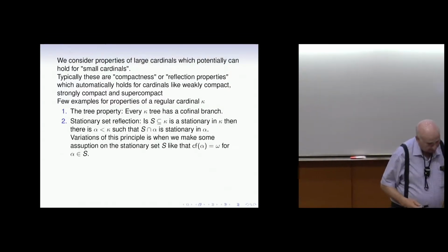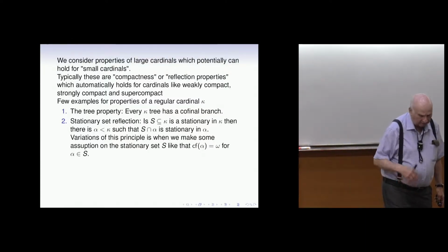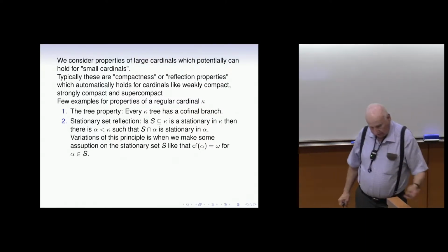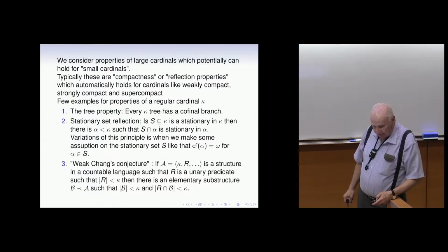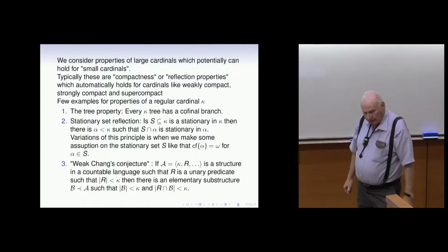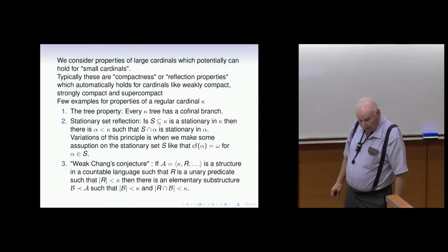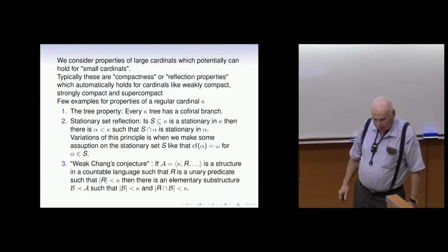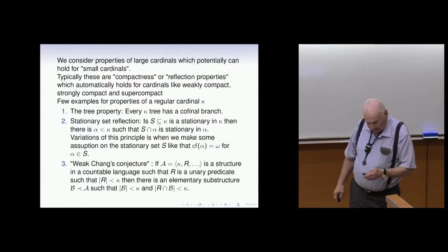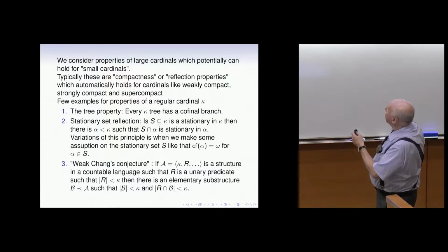ordinal or cardinal. A variation of this principle is when we make some assumption about a stationary set, like the cofinality of its points, and maybe other assumptions. A typical case is when we consider a stationary set where the points have fixed cofinality like omega. Now, what we might call the weak Chang conjecture: you have a structure, let's say, with universe kappa, in a countable language, and you've got a distinguished unary predicate, R, which has cardinality less than kappa.